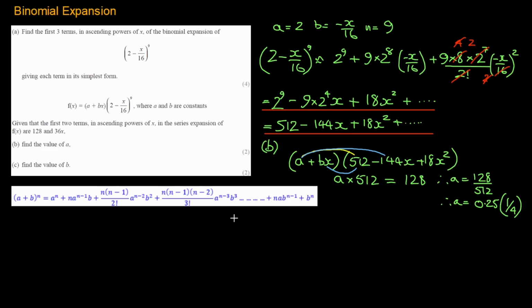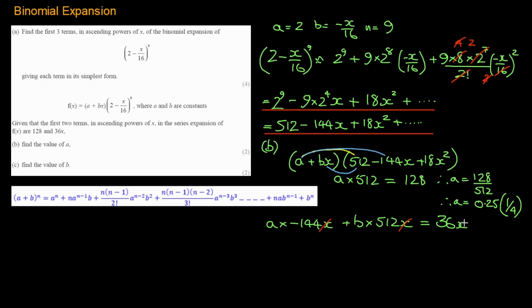So what I can say is a multiplied by negative 144x, which is the first of our blue lines, plus b multiplied by 512x must equal, as we've been told, 36x.